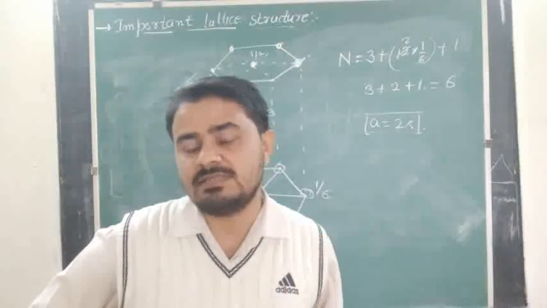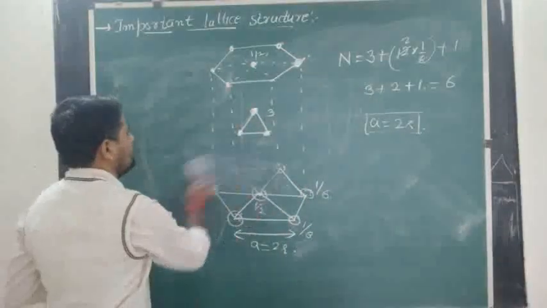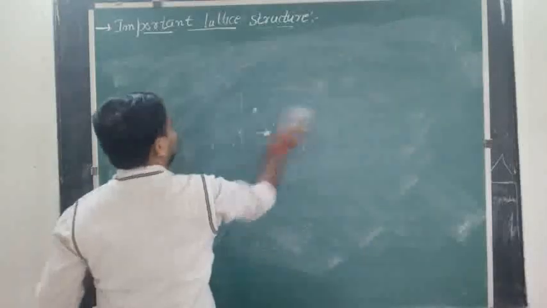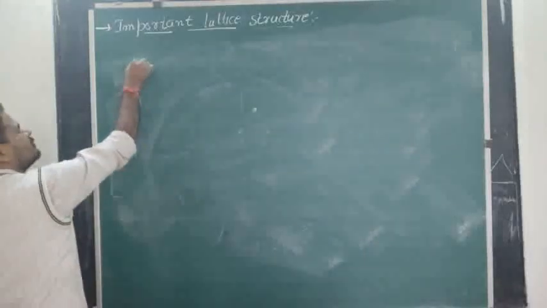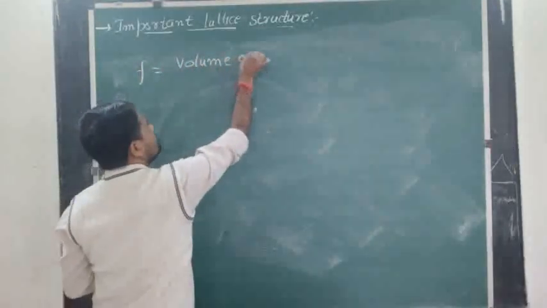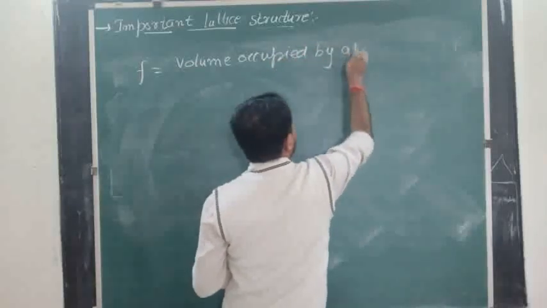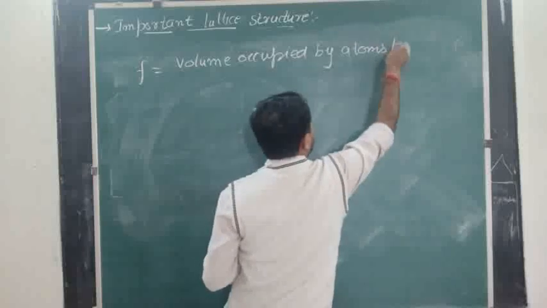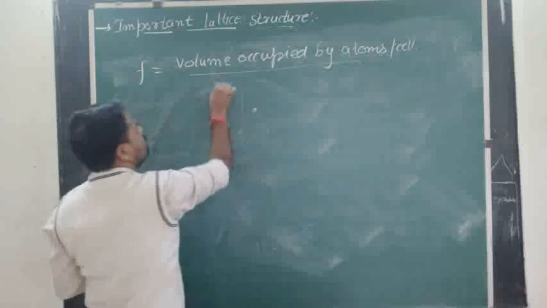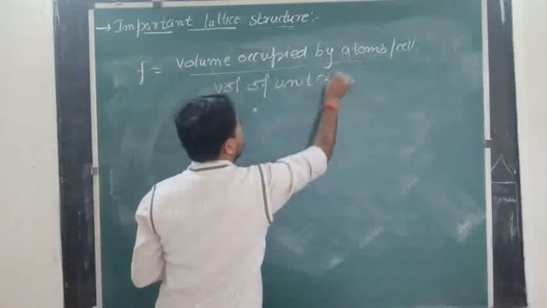That is given by the packing fraction, which is denoted by Kf and is equal to the volume occupied by atoms in a unit cell divided by the volume of the complete unit cell.